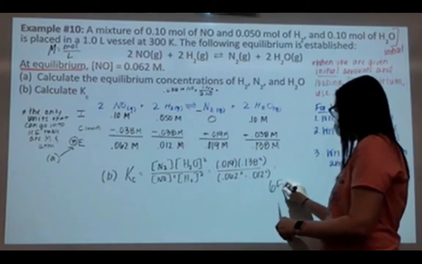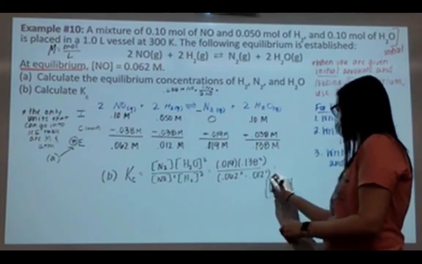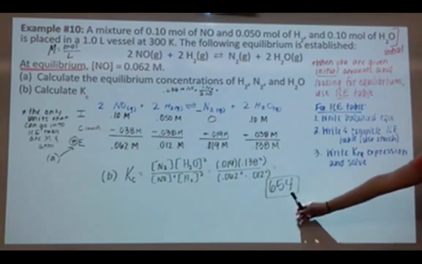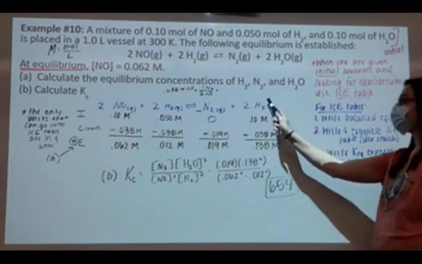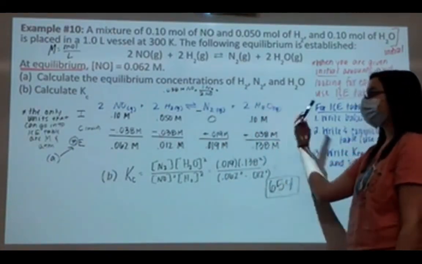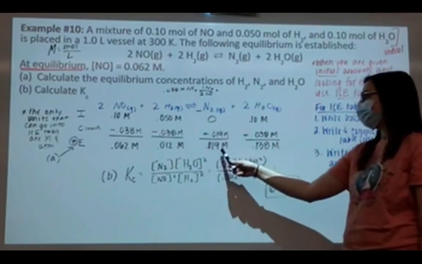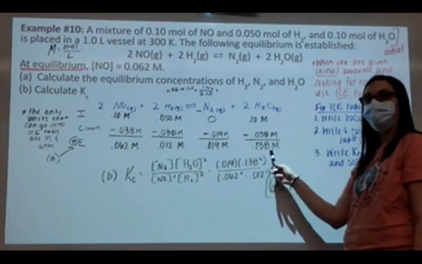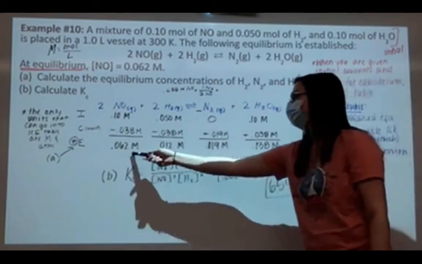It's 654. Again, K does not have units. K is unitless, but this is greater than 1, which means products predominate at equilibrium. You have mostly products at equilibrium, which makes sense if you look, right, 0.138, high concentration compared to the reactants.